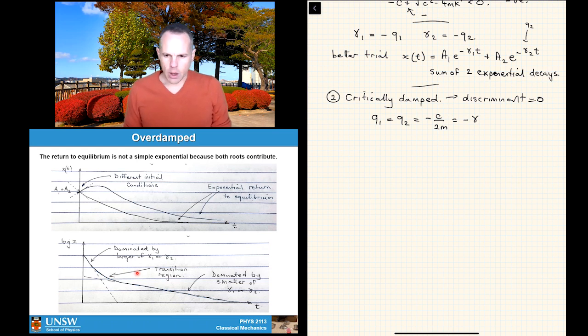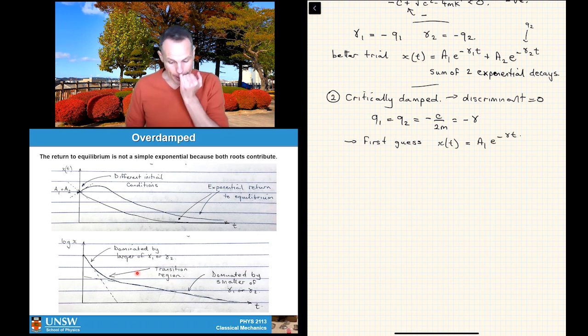At first sight you would suggest, okay, hang on a second, now we should only have one gamma to worry about, and our first guess at a solution would be x of t equals a1 e to the minus gamma t.